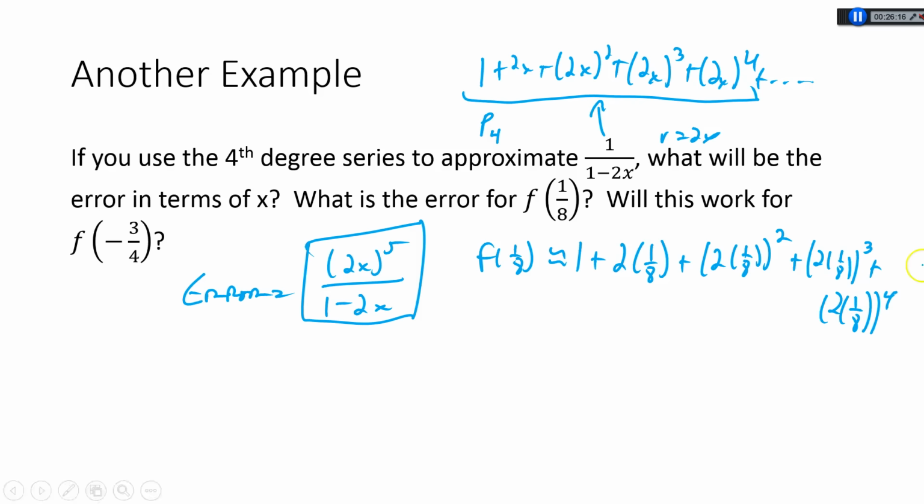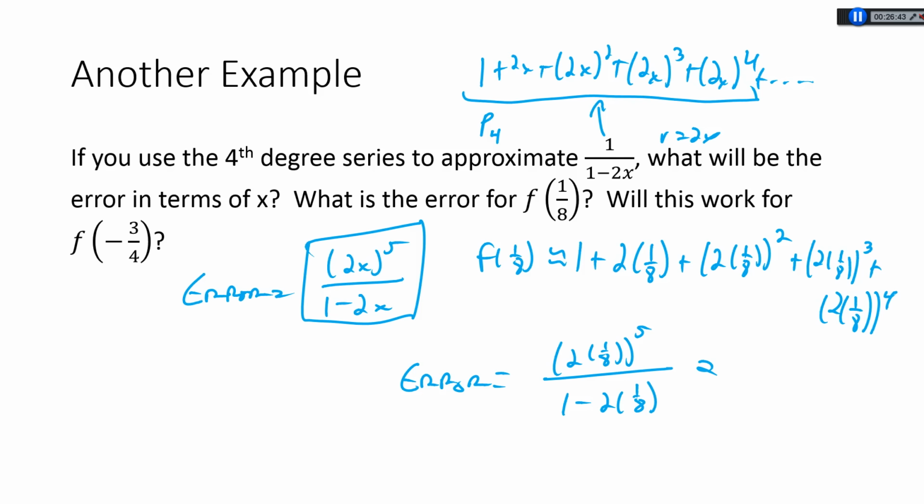If we approximate it using this, it's not going to be perfect, but without calculating anything, I know the error will be 2 times 1/8 to the fifth power, right? That's the next power, divided by 1 minus 2 times 1/8. Okay, I'm going to grab my calculator, and I'm going to do 2 times 1/8, which is 1/4, so 0.25 to the fifth power.